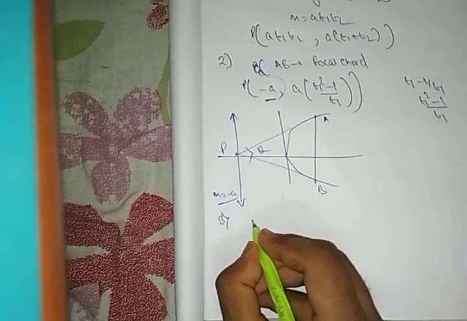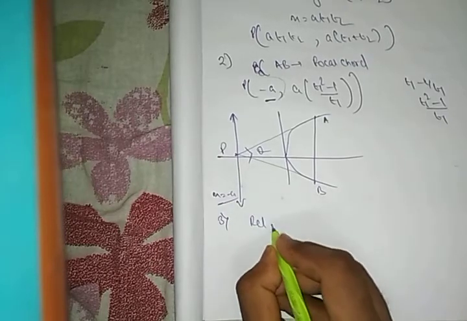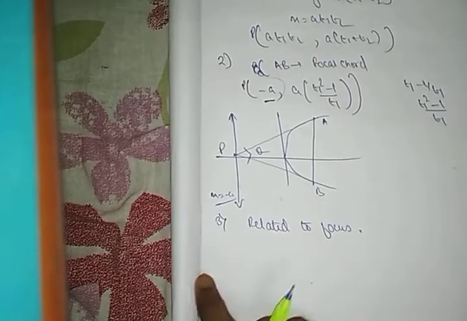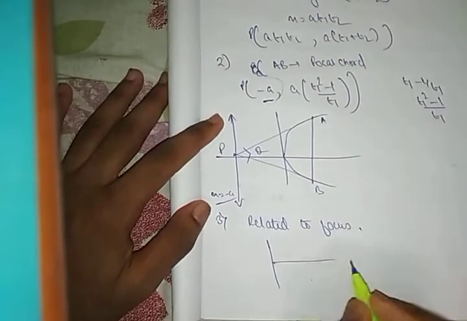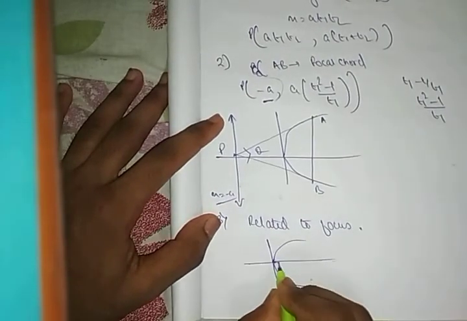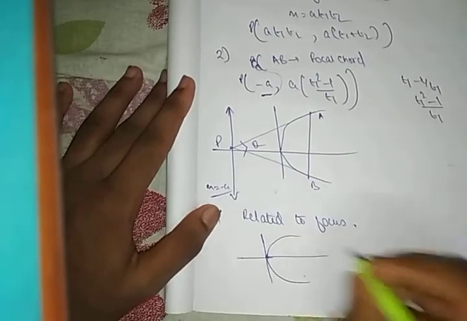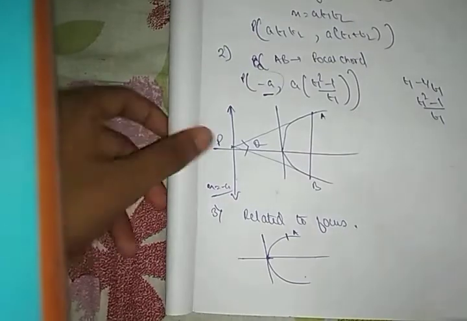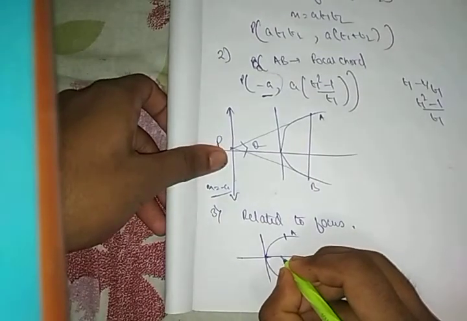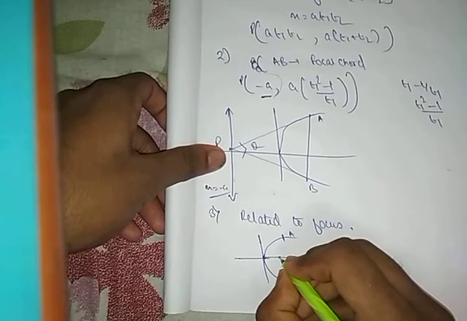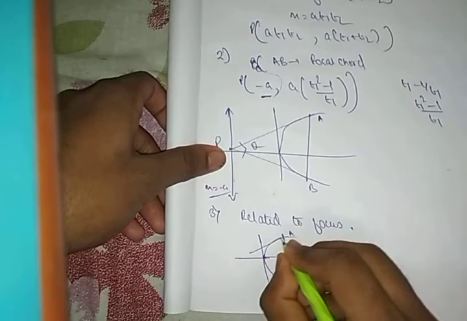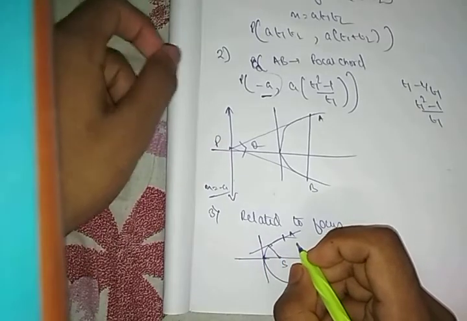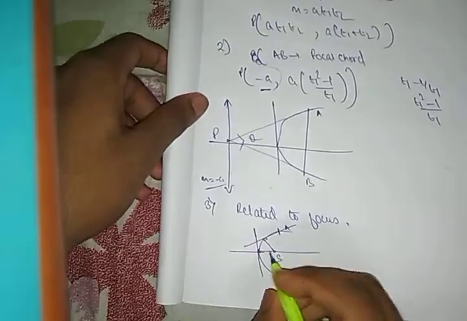The third property is, now all properties will be related to the focus. The first property is, if you have a parabola like this, and here let's say a point A, it is said that if you drop a perpendicular on any tangent of this parabola from the focus, then it will always intersect on the vertex tangent. Let me diagram it again, the diagram was wrong.